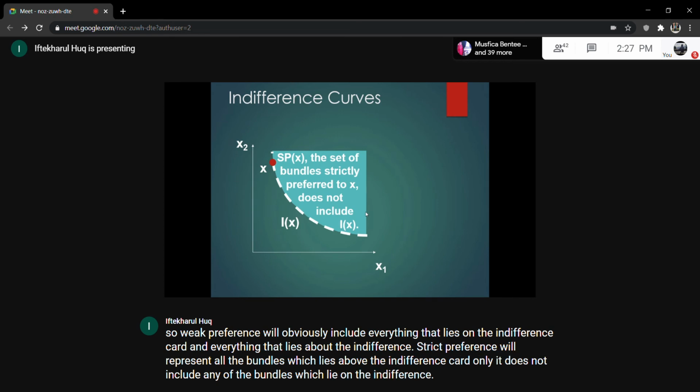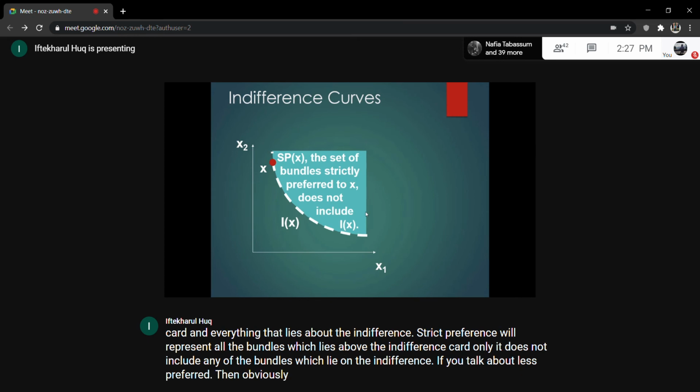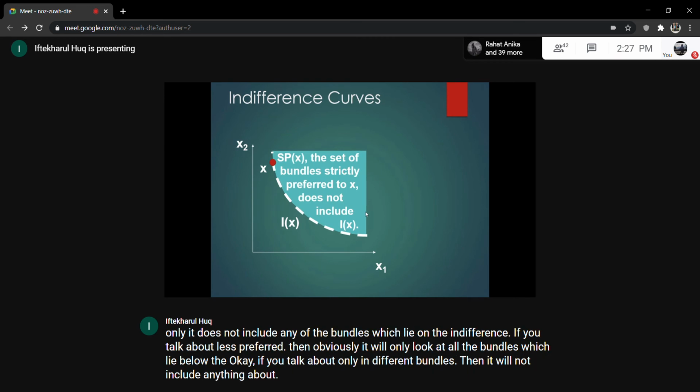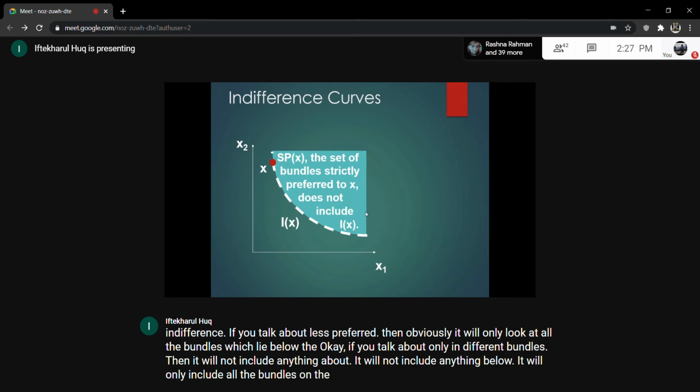If you talk about less preferred, then obviously it will only look at all the bundles which lie below the indifference curve. If you talk about only indifferent bundles, then it will not include anything above, it will not include anything below, it will only include all the bundles on the indifference curve.